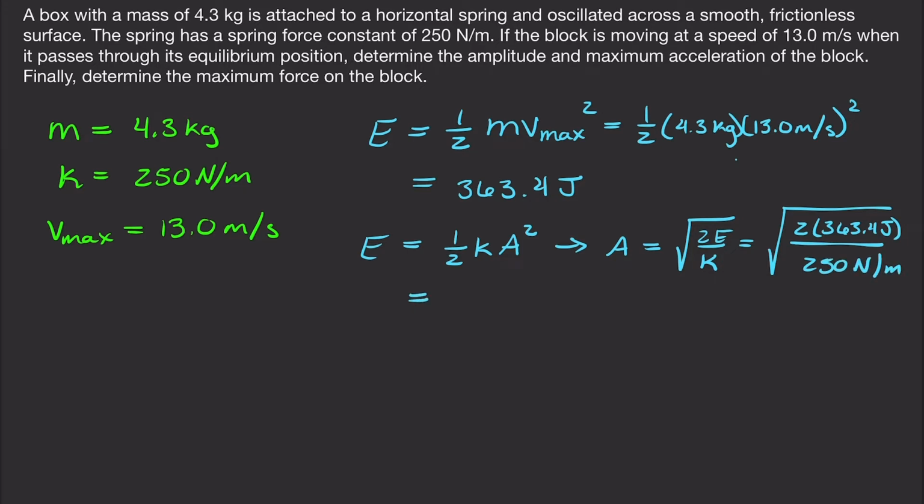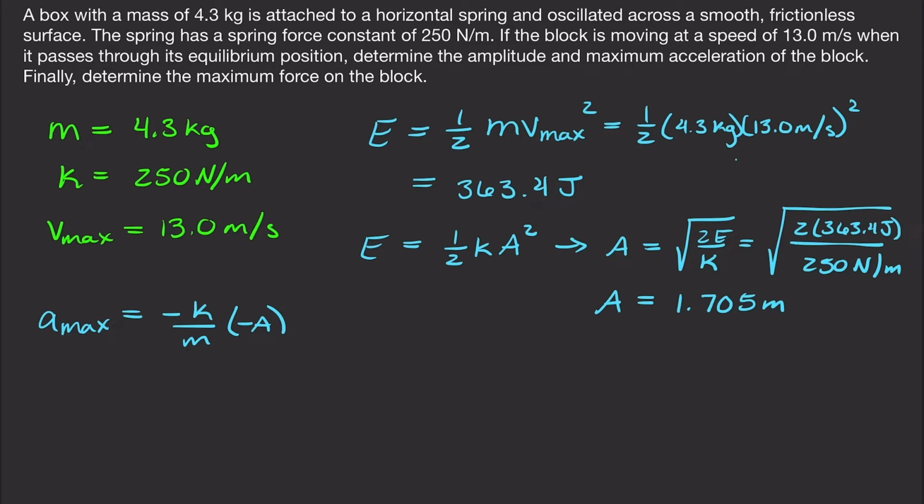And this gives us an amplitude. So now we have the amplitude is 1.705 meters. So now that we have the amplitude, if we want the maximum acceleration, well, the maximum acceleration occurs when we are at minus the amplitude. Okay, so this is our expression for the acceleration, minus k over m times x.